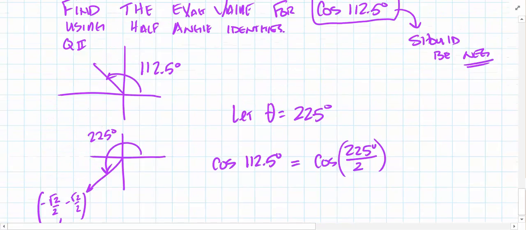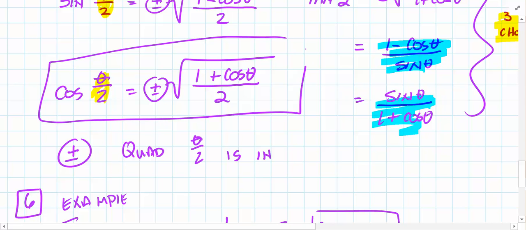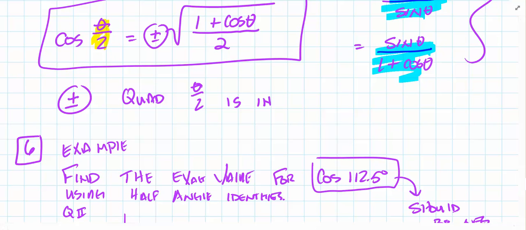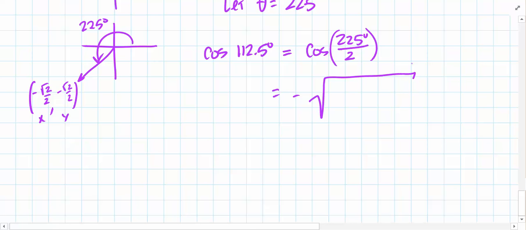Now, this is a half angle identity. So I'm going to go ahead and use the half angle identity. Oh, look, there it is. I can use that one. Now, should I use the positive one or the negative one? The negative one, because I know my answer should be negative. So this is going to become the negative square root of 1 plus the cosine of 225 degrees, all divided by 2.